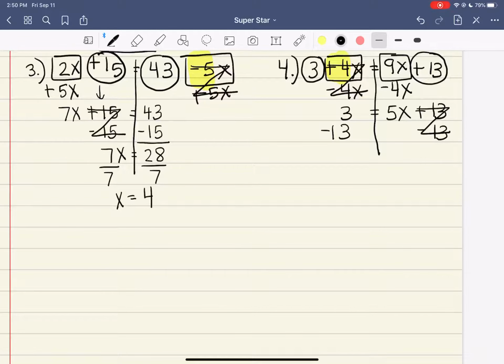So now we have 3 minus 13 is going to be a negative 10, and we're left with our 5x on this side. And we're down to our last step, which is to divide by our coefficient, and we're left with x equals negative 2.